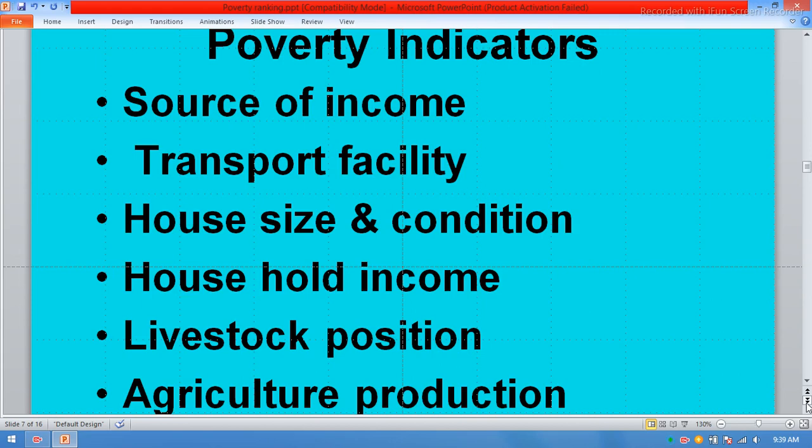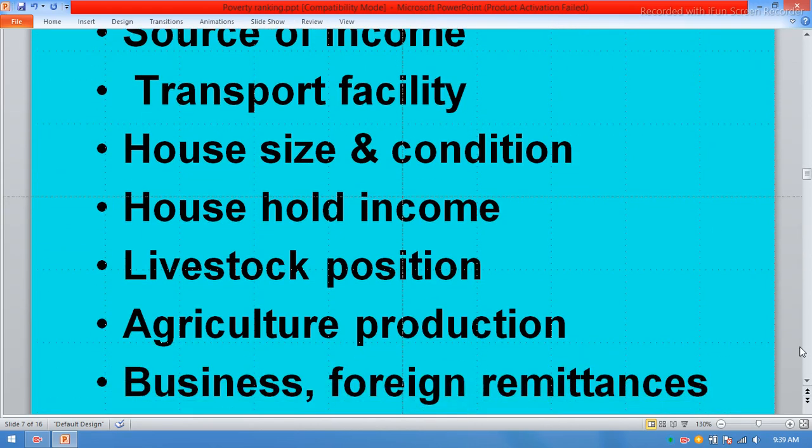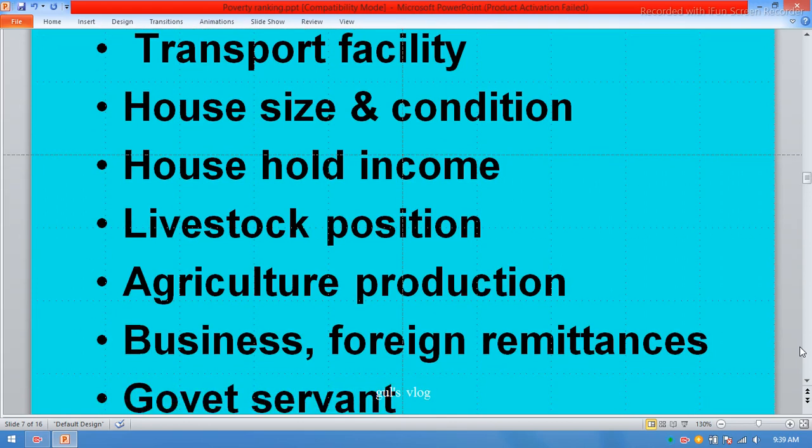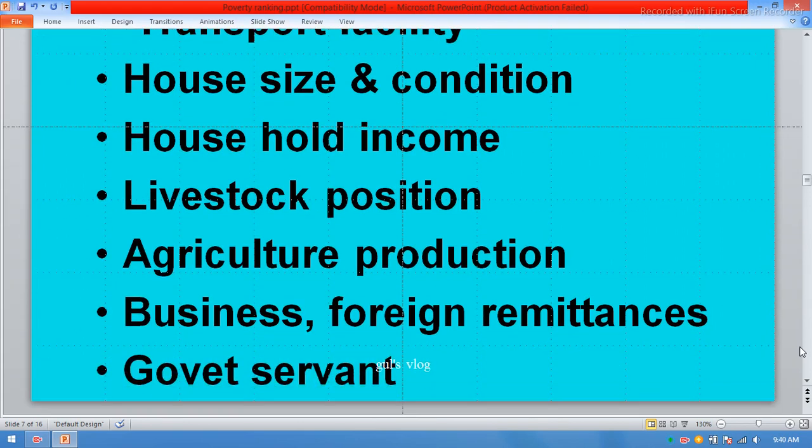Household income, livestock position, like how many livestock the household is rearing, agriculture production, business, foreign remittances, government servant.